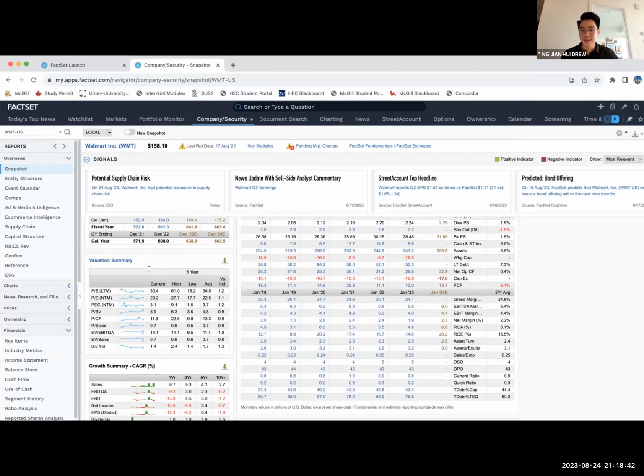So when you use FactSet, you need to be very careful and understand the assumptions being used before you use the numbers. If you're unsure, I'd recommend you take the raw numbers from the financial statements and calculate the ratios yourself. But if you understand the ratios being used in FactSet, feel free to use it, make sure you cite accordingly, and explain accordingly.